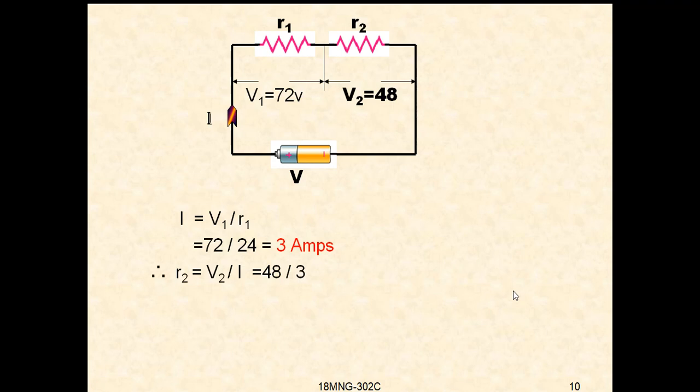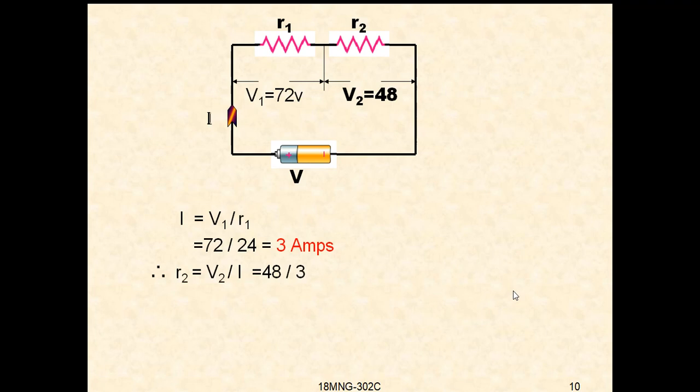And to find the second resistance, we know the formula R2 is equal to V2 by I. This is from Ohm's law.